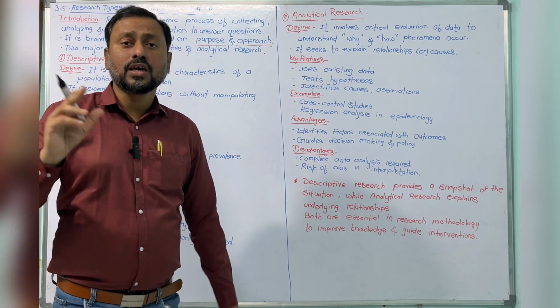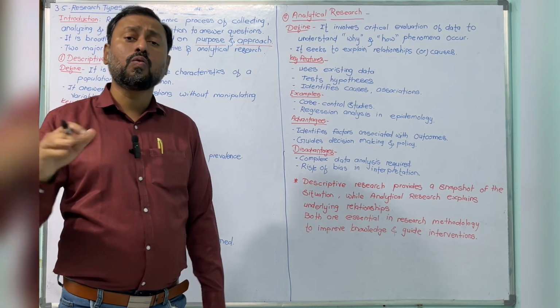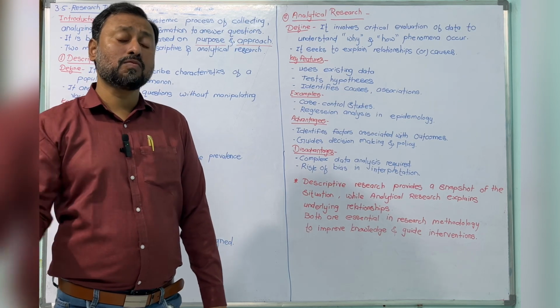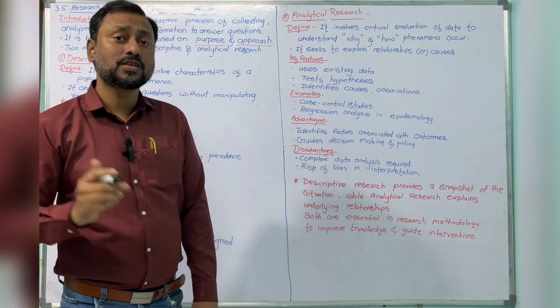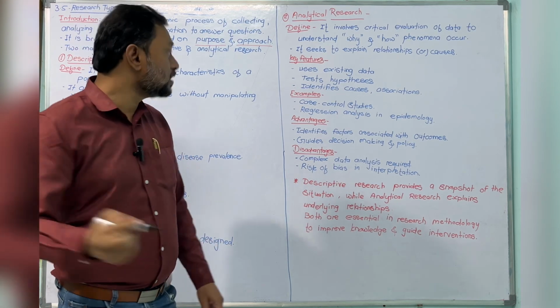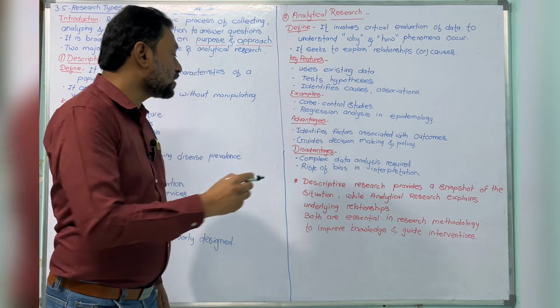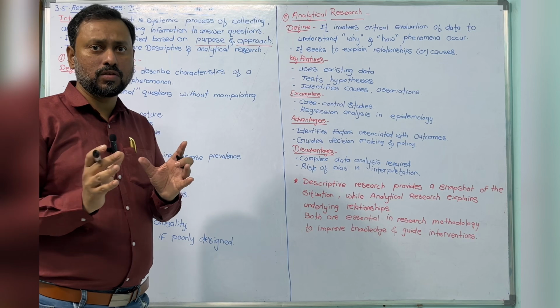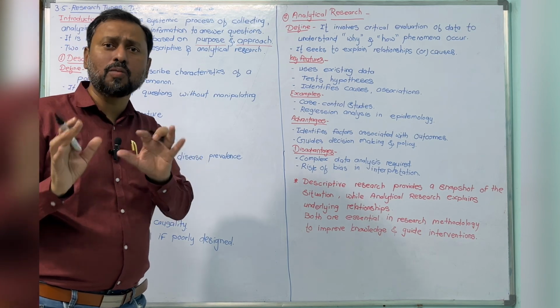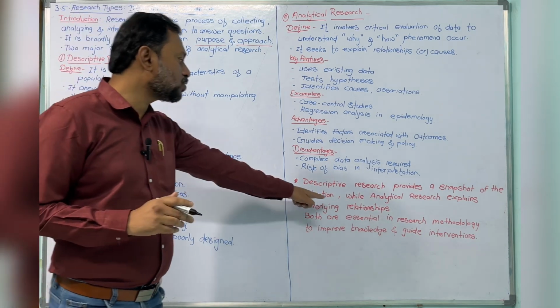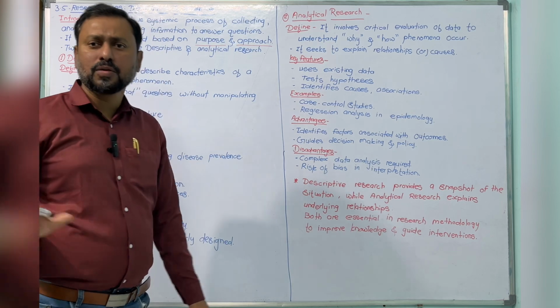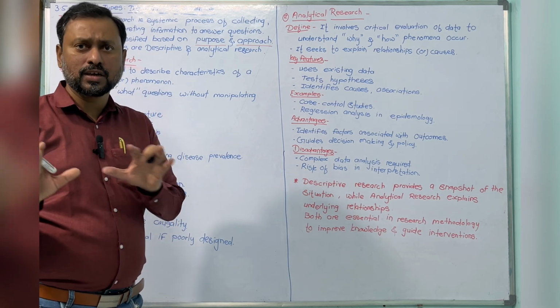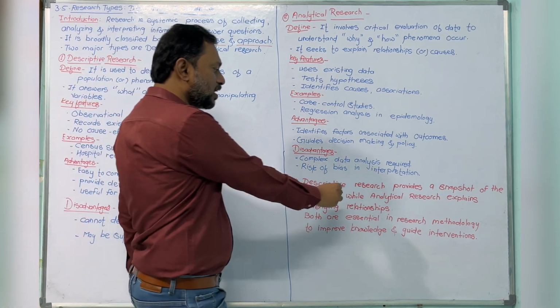In analytical research, we analyze why the people are sick, what the cause is. This is analytical research. Descriptive research provides a snapshot of the situation. Just now I gave the example: how many people are sick, that much only we collect. How many people are involved, like that we gather information.